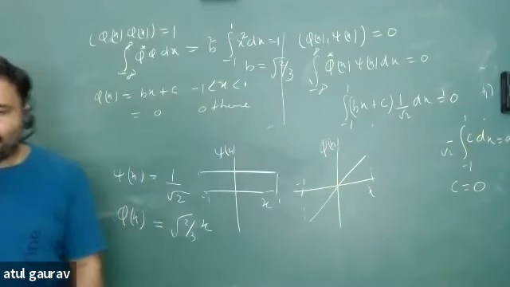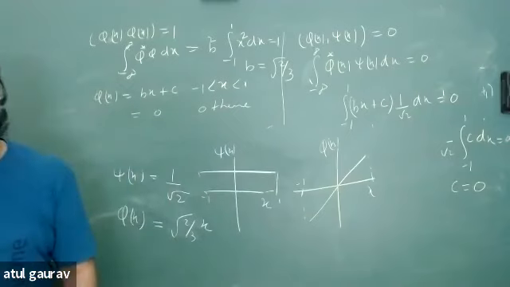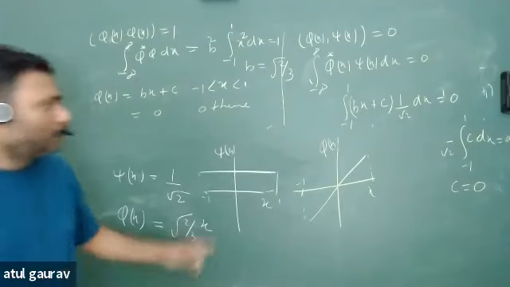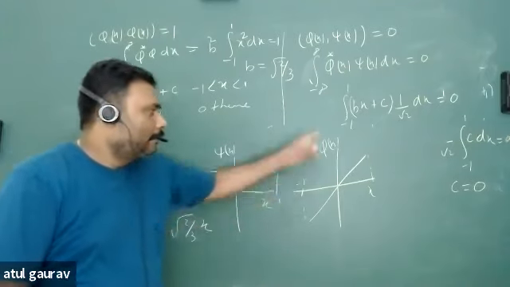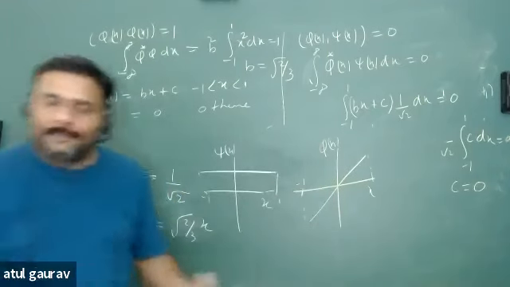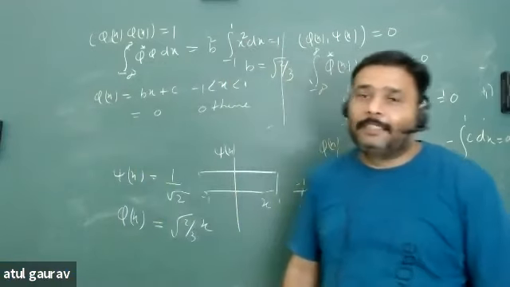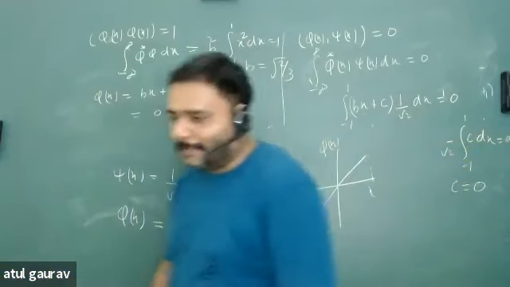P0 is 1 and P1 is x. Yes or no? Yes, P0 is 1, that is a straight line, and P1 is x, that is this thing. So now I am giving you the example of Hilbert space.